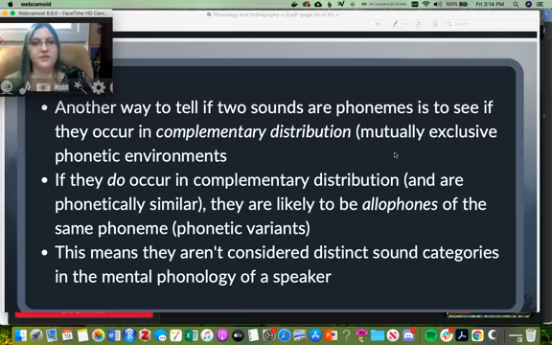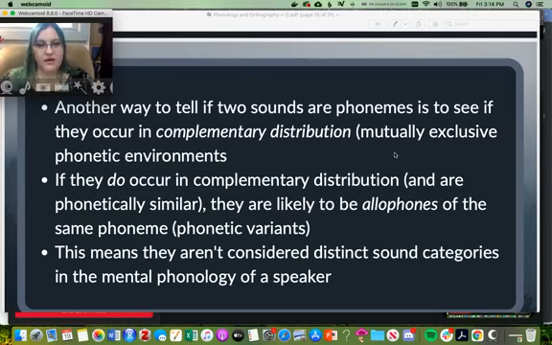Allophones are basically phonetic variants, and they all exist under this umbrella category of the same phoneme. So they aren't considered distinct sound categories in the mental phonology of a speaker of this language. And once again, this is really going to depend on the language system itself. Every phonology system is language specific.